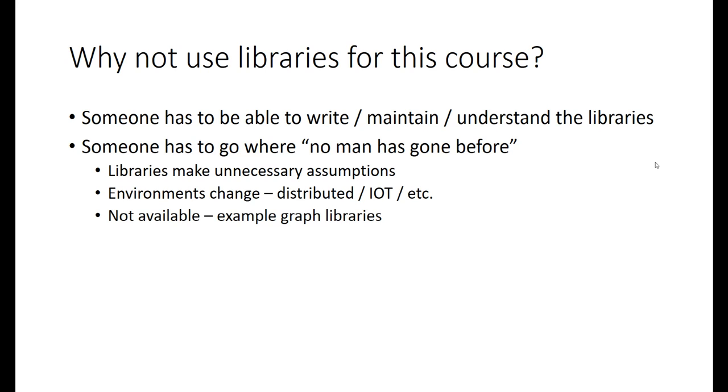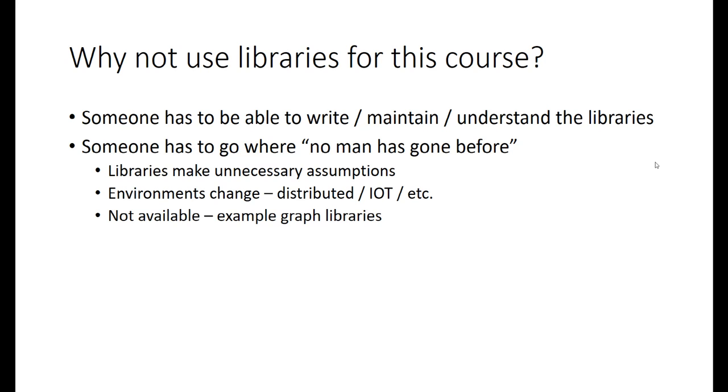I've kind of changed my attitude a bit for a couple of reasons. One, someone has to be able to write, maintain, and understand the libraries. And that someone is someone who majors in computer science, not someone that picks up programming on the side, not someone that does these related majors like information systems or information technology.